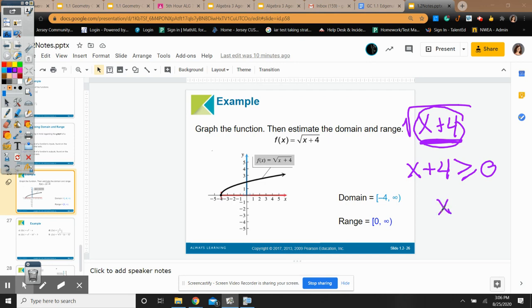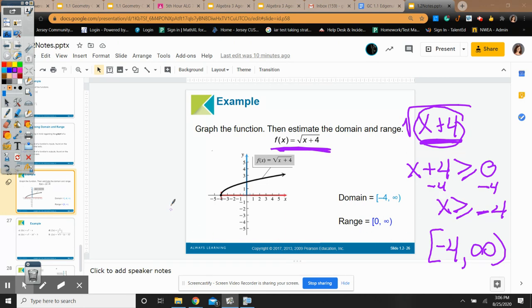When you solve that, you would subtract 4, and x has to be greater than or equal to negative 4. The only things I could plug into this function machine are numbers that are bigger than or equal to negative 4. So we say that it's from negative 4 to infinity. You could graph it to do that, or you could have solved the equation, had a risk factor.